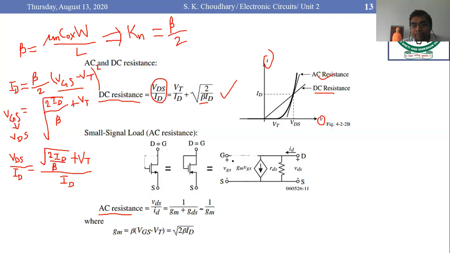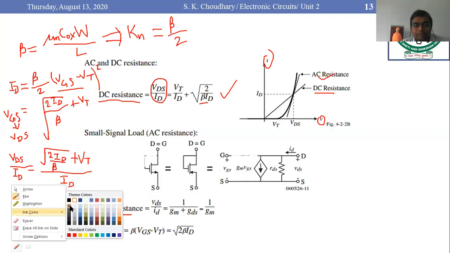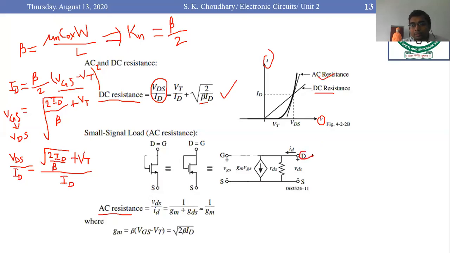We have to draw three terminals first: gate, drain, and source. Source is at lowest potential, so it is a reference line. There is no connection between gate and source, and no connection between gate and drain.